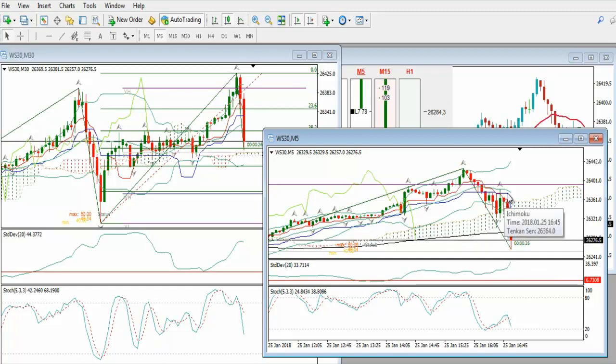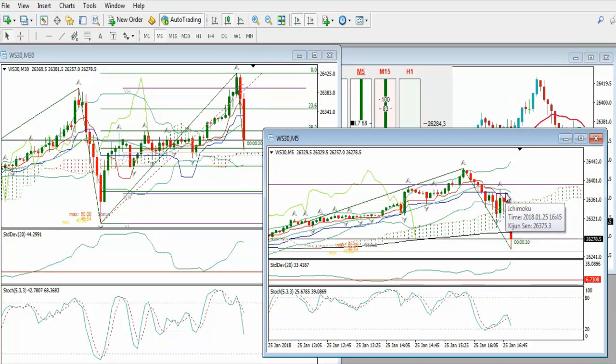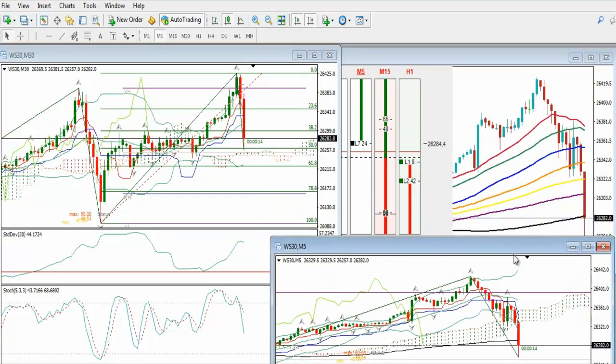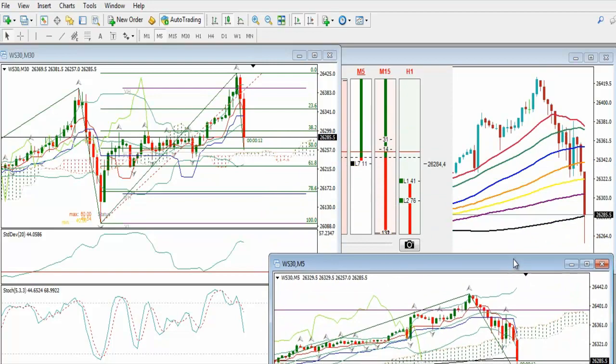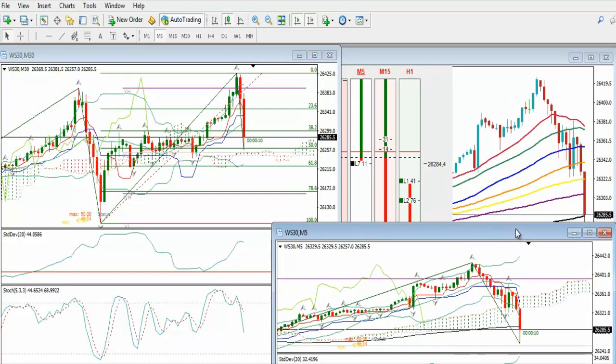We always need a spot near the Kijun-sen so we can have a stop loss somewhere there. It's important in every trade you make to have a stop loss, otherwise your account may be in danger.